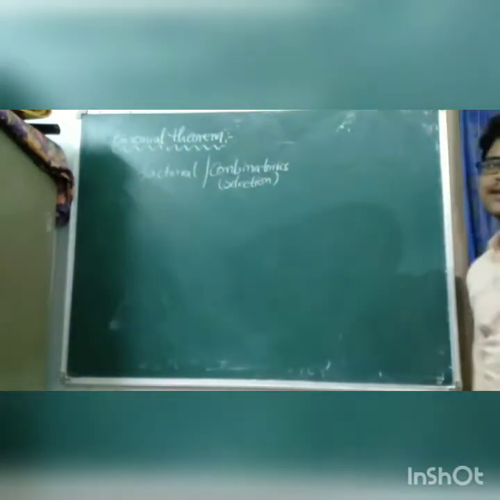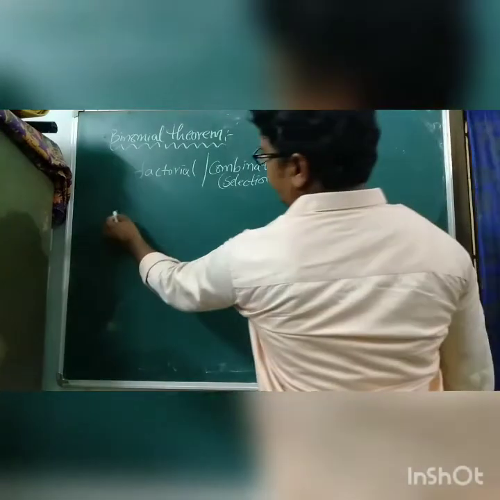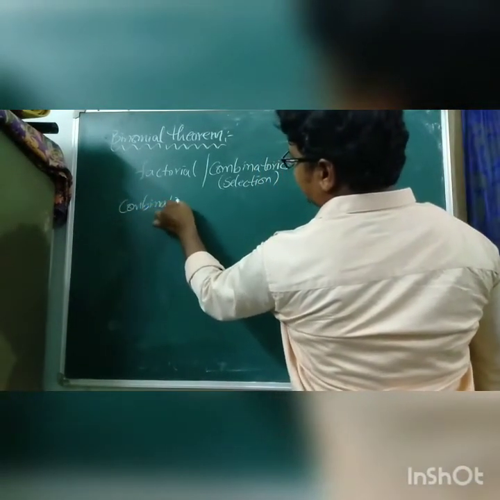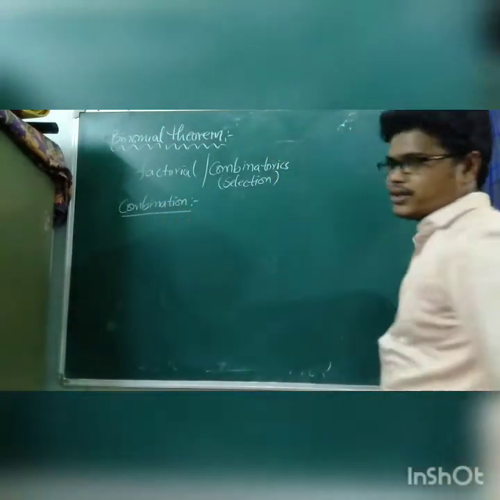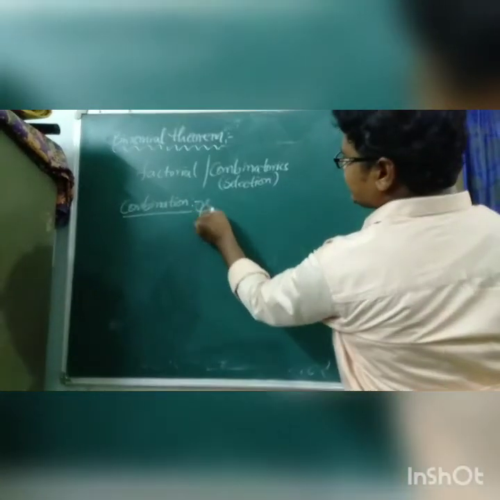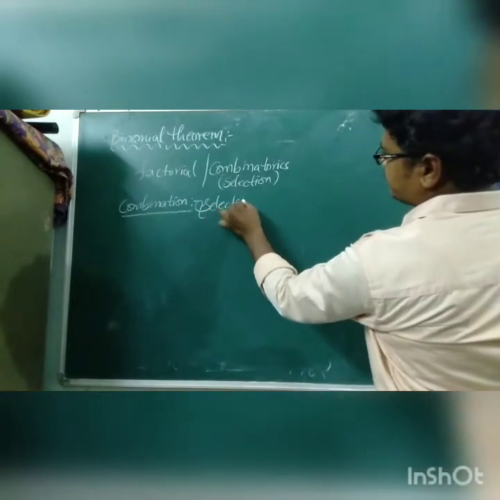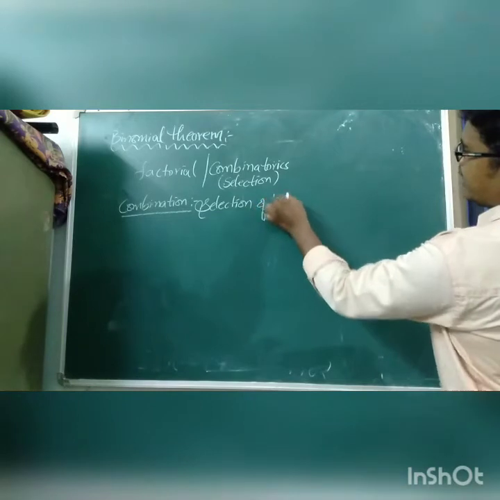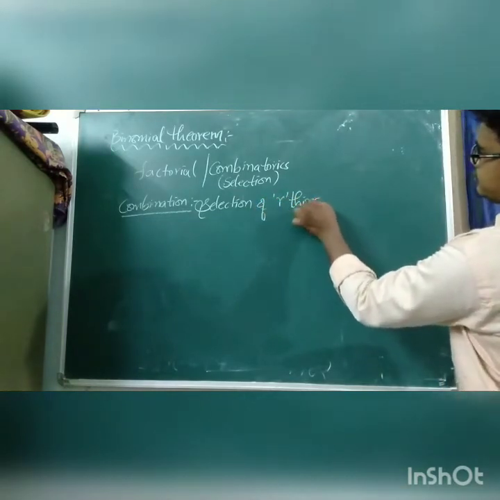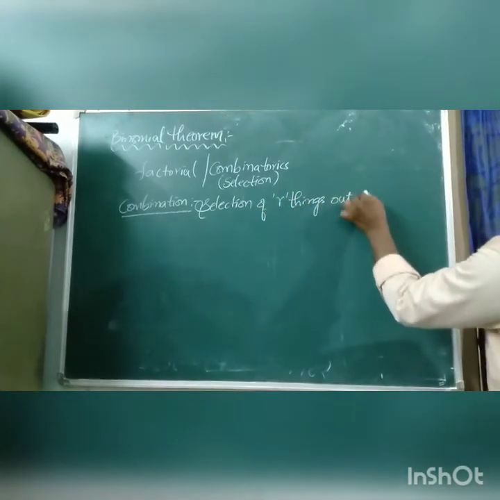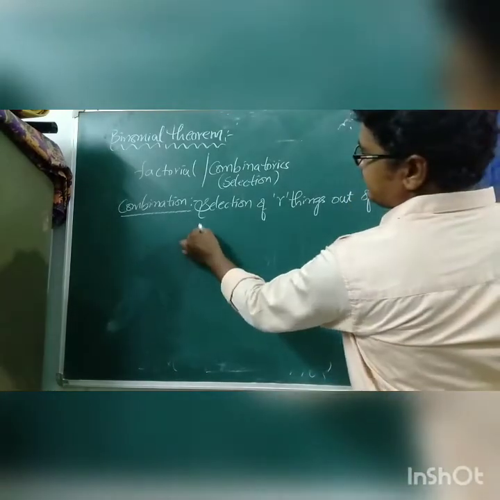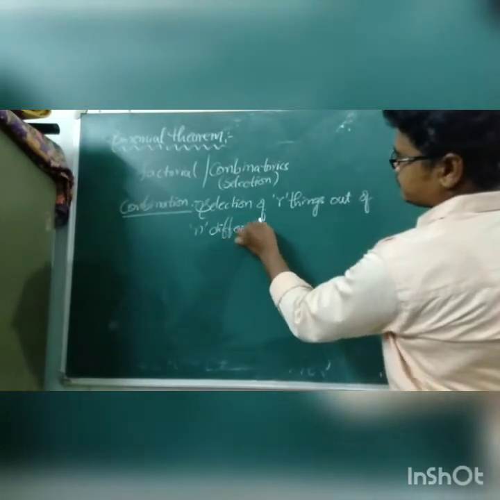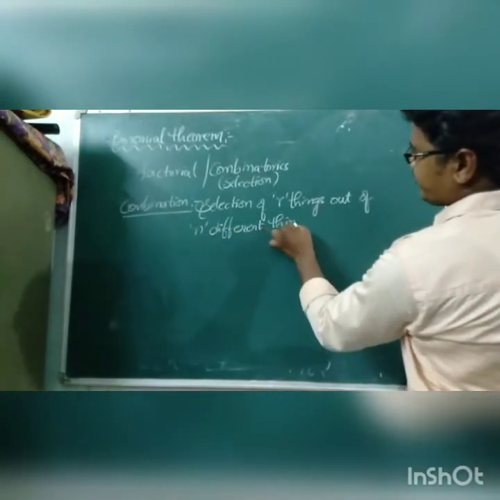I am saying combinatorics as a combination. What do you mean by a combination? Combination is nothing but a selection of r things out of n different things.